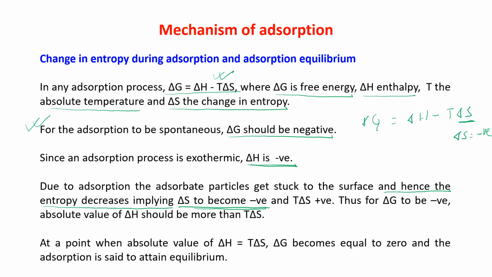Thus for delta G to be negative, the absolute value of delta H should be more than T delta S.